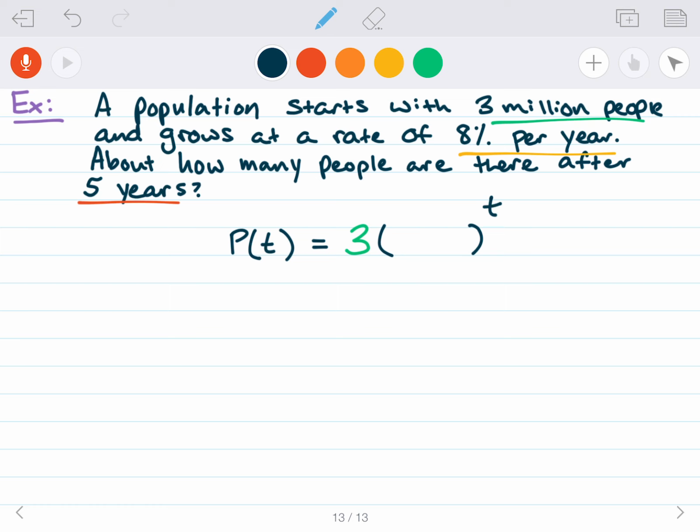So what goes on the inside, that's our growth factor. We can find our growth factor with r, which is 8%. Okay, so this is exponential growth because they tell us it grows. So we use the 1 plus r version. 1 plus r equals the growth rate, which we need to figure out.